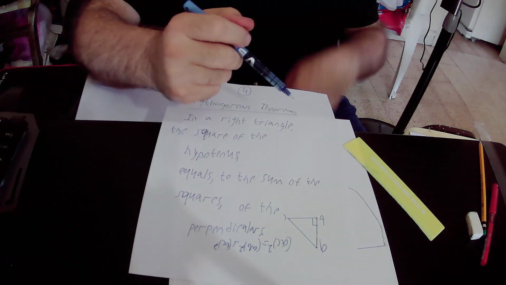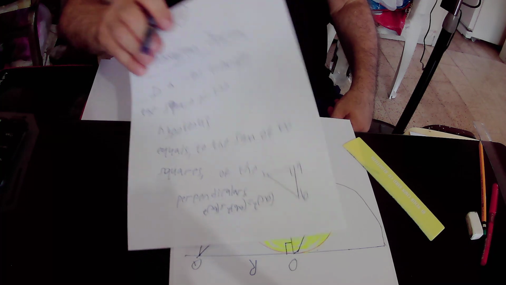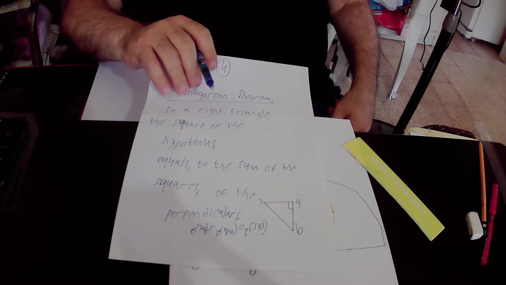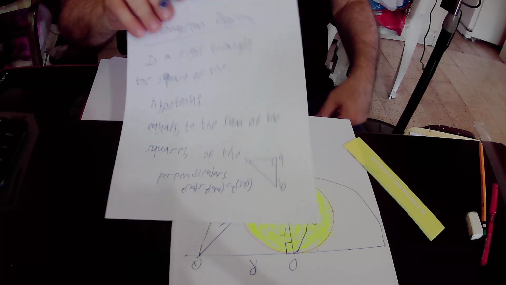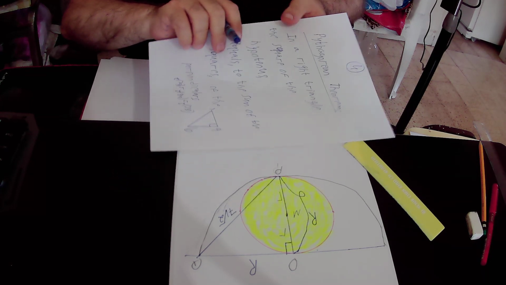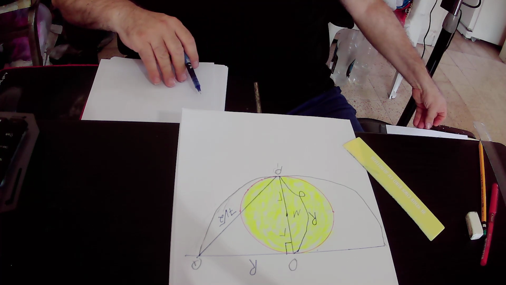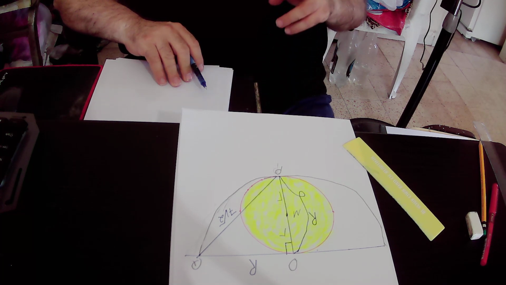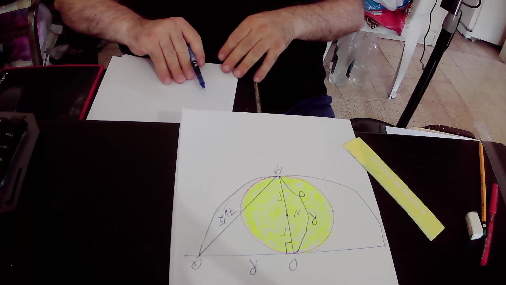So I will draw again the right triangle POQ and will implement the Pythagorean theorem in order to find out the value of capital R, that is the radius of the semicircle.